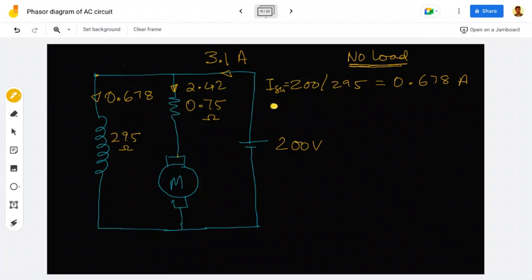From this I can find the copper loss. The copper loss PCU will be 0.678 square multiplied by 295 plus 2.42 square multiplied by 0.75.